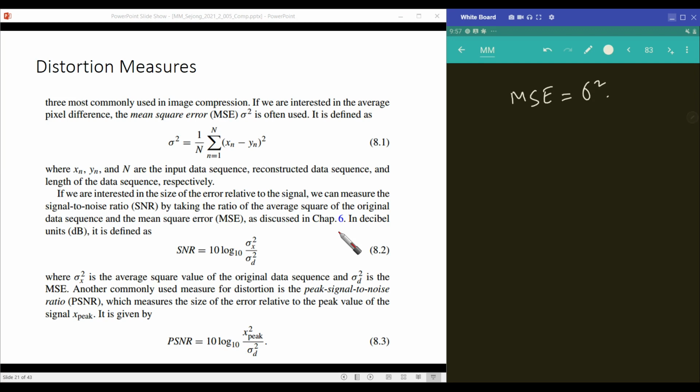Now sometimes we are not really interested only in this mean squared error, rather we are interested in the relative. Let's say we have a signal, this is our error, this is definitely our error power, but we are interested in signal power also. Because our error can be thought of as noise.